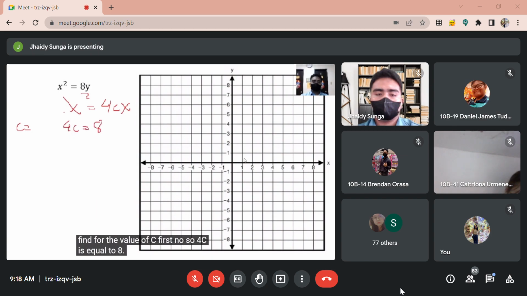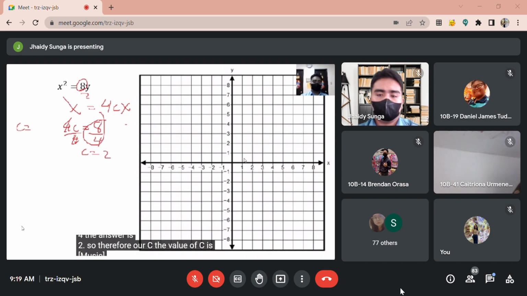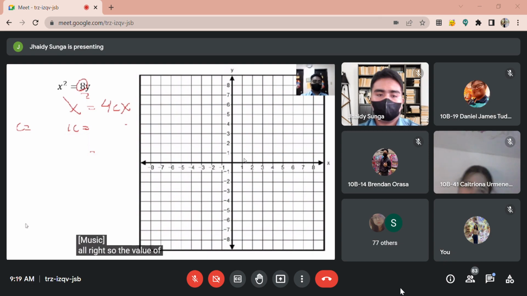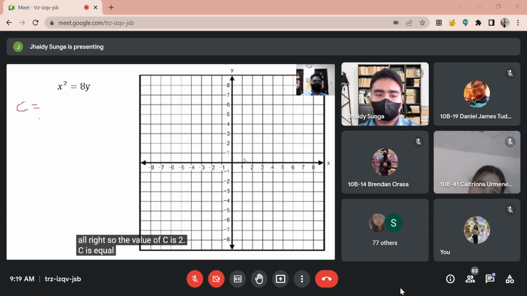So we are going to find the value of c. We divide both sides by 4, so c is equal to 8 divided by 4. The answer is 2. So the value of c is 2.